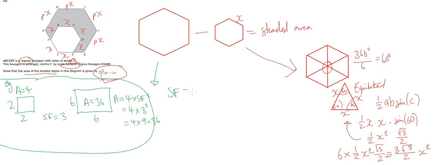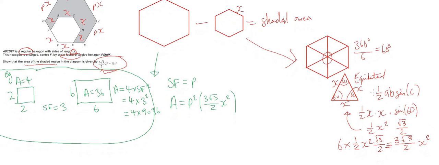Okay, so our scale factor for the hexagon is p. So the area of the big hexagon is the original one times p squared. So p squared times 3 root 3 over 2 times x squared. Excellent.